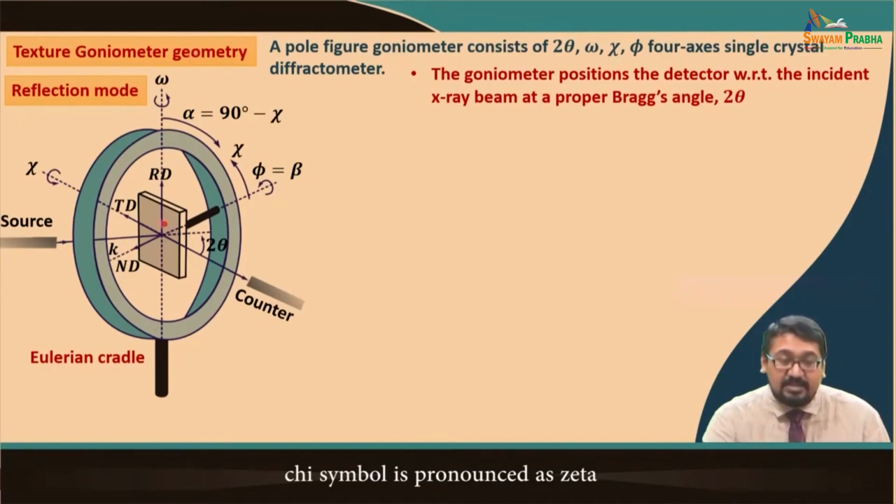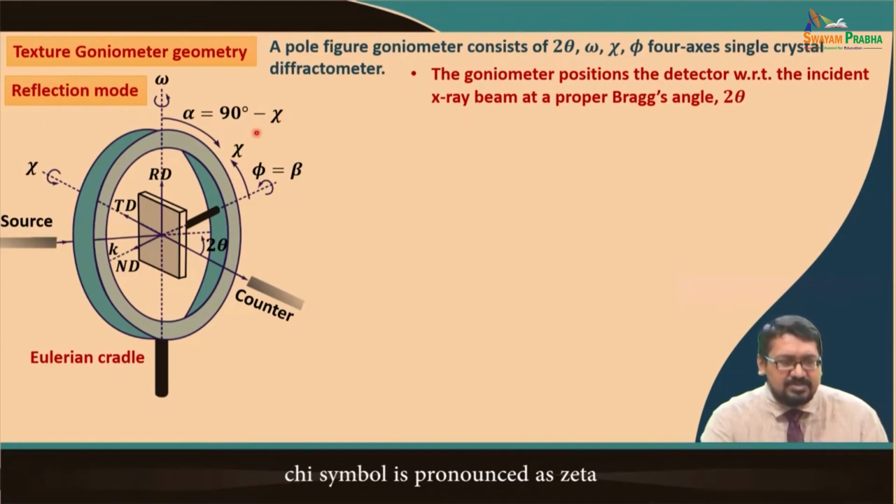The most important rotation is along TD, which is the zeta rotation. The zeta rotation is basically again a right handed thumb rule rotation, and therefore, as I said in the earlier slides, alpha is the clockwise rotation, that is by the left hand thumb rule. Therefore, the relationship between zeta and alpha is zeta is equal to 90 degree minus alpha, or alpha is equal to 90 degree minus zeta.